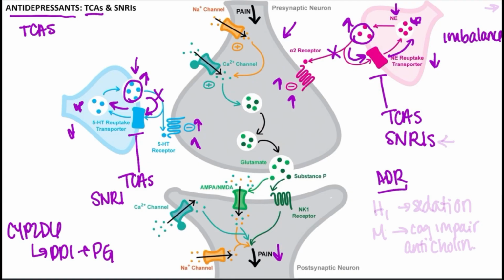But the SNRIs were developed along with newer antidepressants to provide more selective serotonin and norepinephrine reuptake transporter effects than the TCAs.